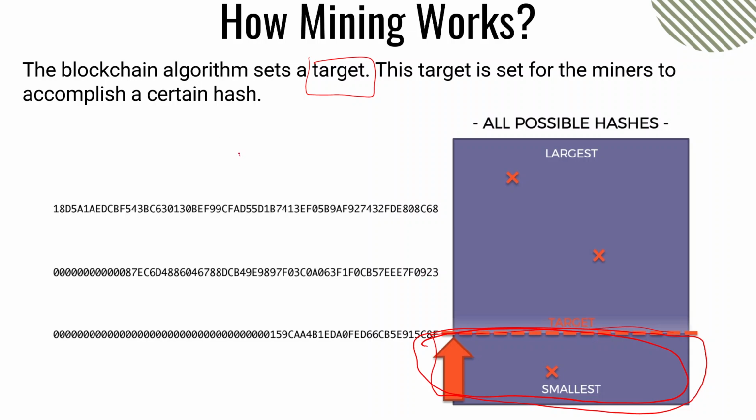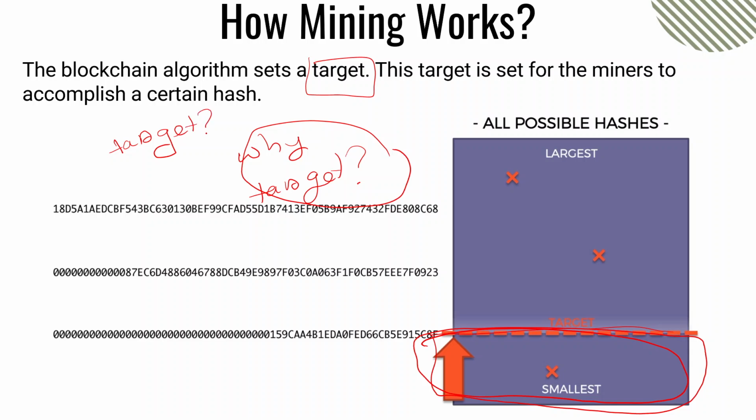If he finds one outside of the target region, this will not work. Now you may ask, why do we need to use a target? The answer is, there is no mathematical, nothing logical reason for this target. The main reason for using a target is just making it more complex and more difficult for the miner, because it is not a very easy thing to do.